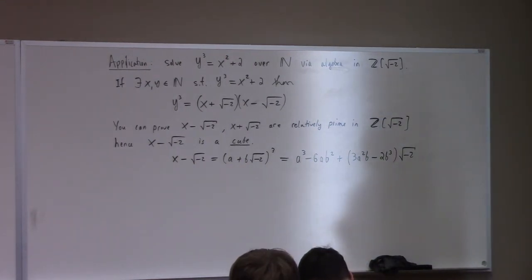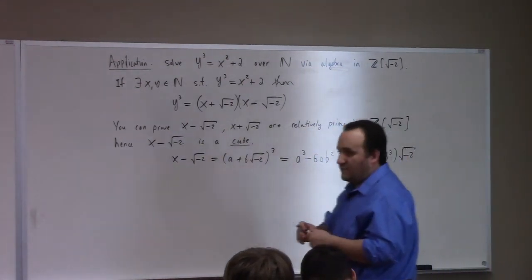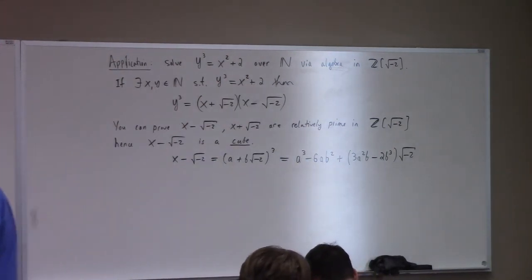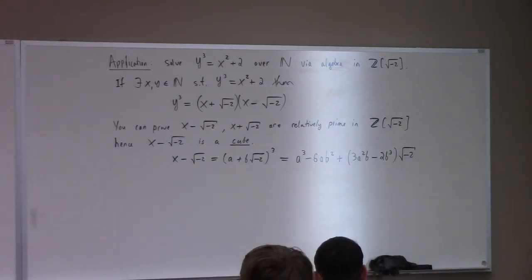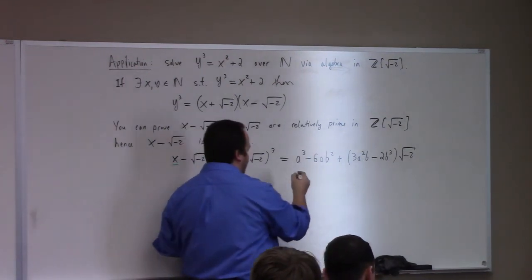So what is this? We can equate coefficients here, right? In other words, for that equation to be true, we get two integer equations, if you will. On the one hand, x must match this.